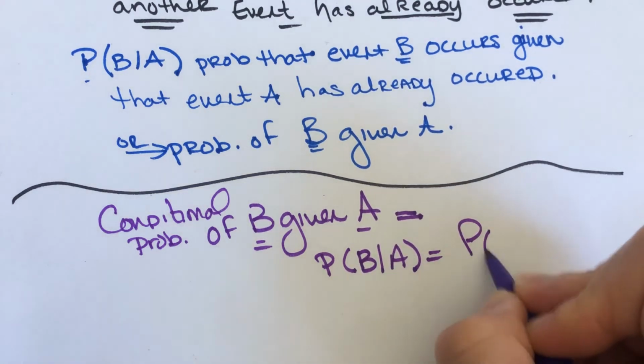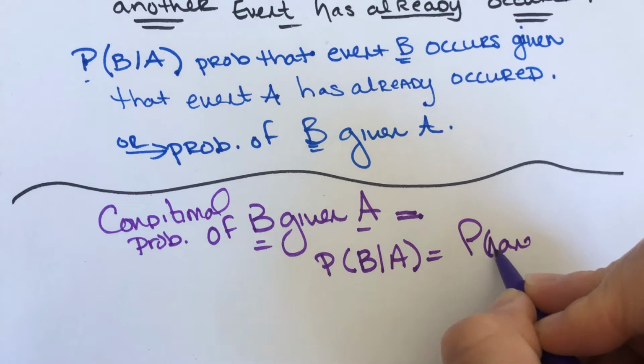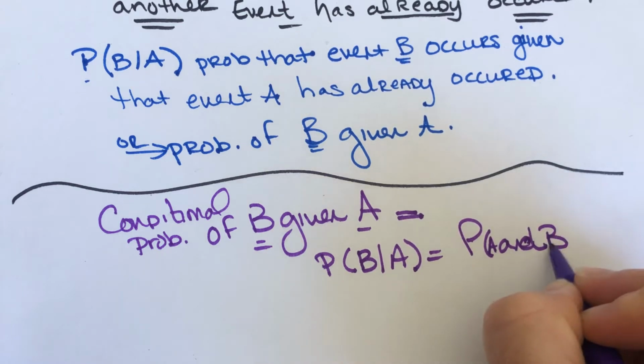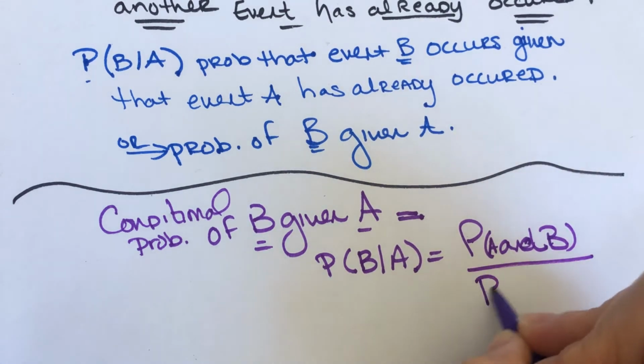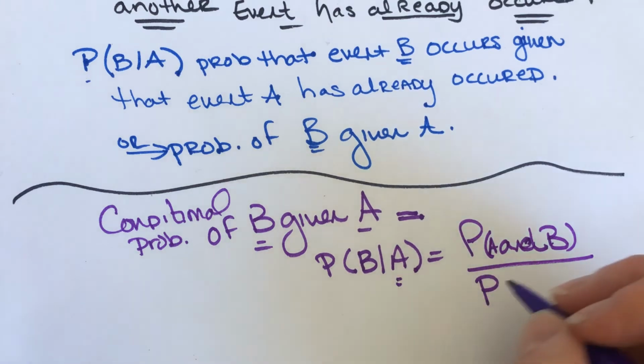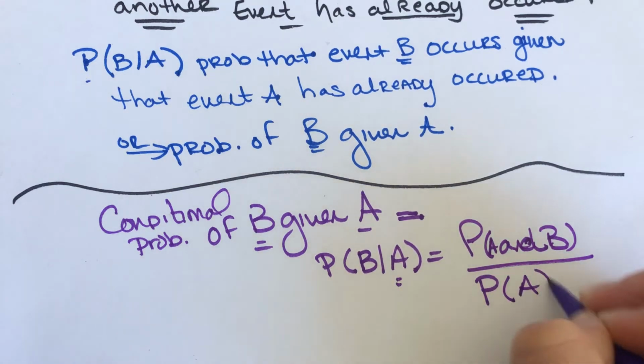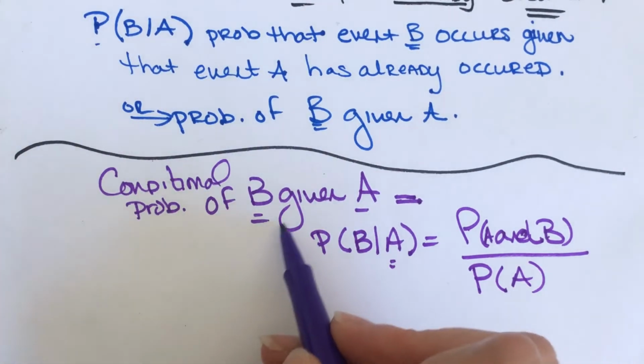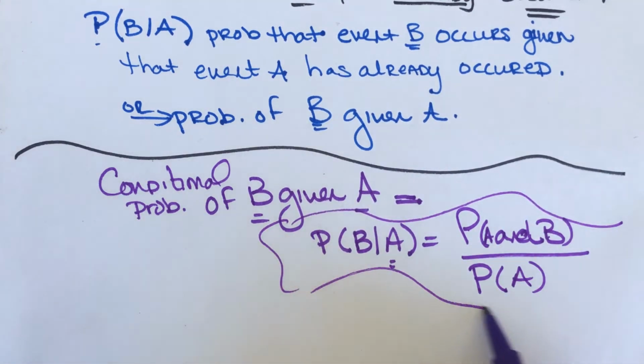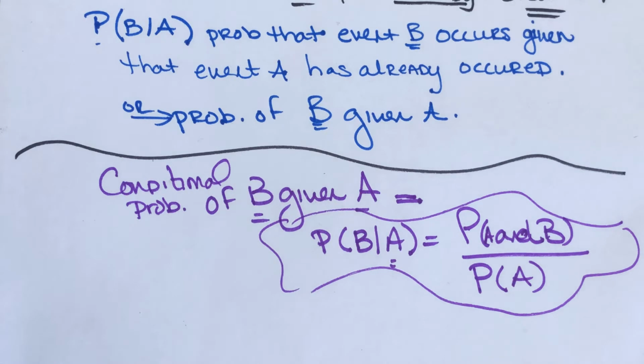It's gonna say the probability of A and B all over the probability of, always the second one, A. So just put the probability of the second thing on the bottom.